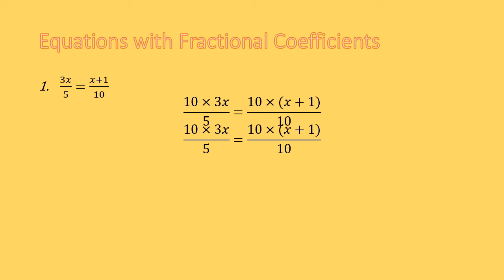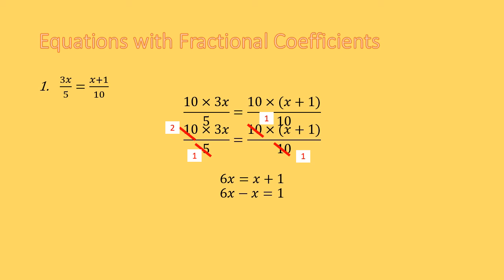We can cancel them out and simplify. 5 times 2, 5 times 1. 10 times 1 and 10 times 1. At last you will get the equation like 6x equals x plus 1.